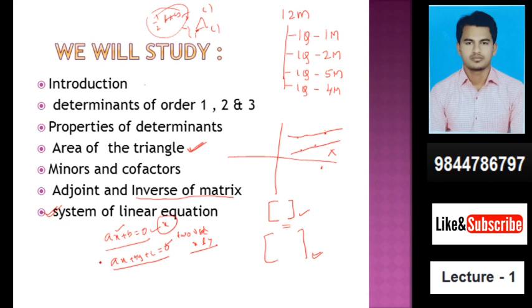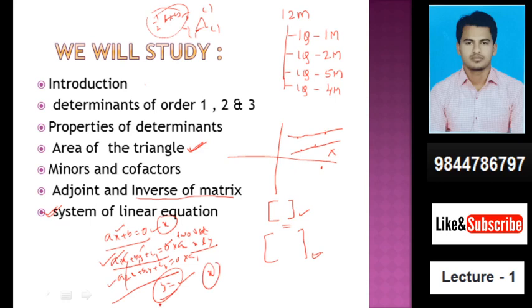But in case of two variables, we can find the values of x and y with the help of the cancellation method, isn't it? For example, a1x plus b1y plus c1 equal to 0, then a2x plus b2y plus c2 equal to 0. With the help of cancellation, we multiply with a2 here and a1 there, then we can easily cancel these two terms and calculate the value of y, and substituting the value of y in equation number 1 or equation number 2, we get the value of x.